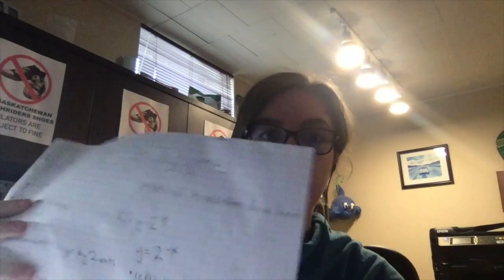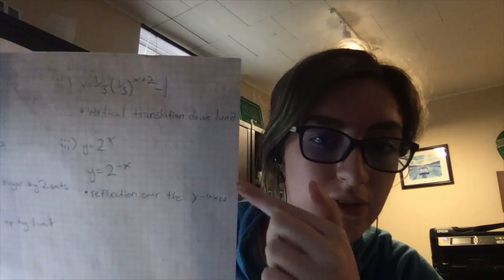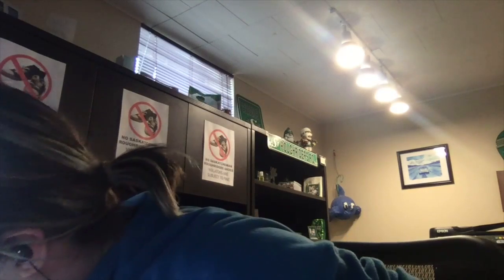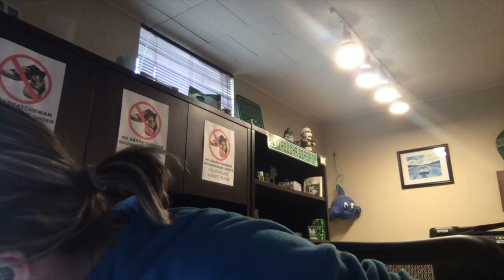The first thing, there is a negative sign in front of our exponent, which means it is a reflection over the y-axis. Reflection over the y-axis.